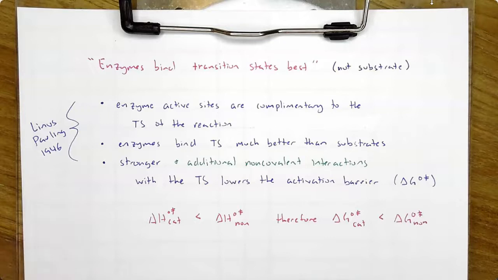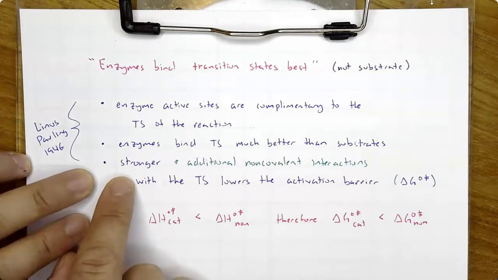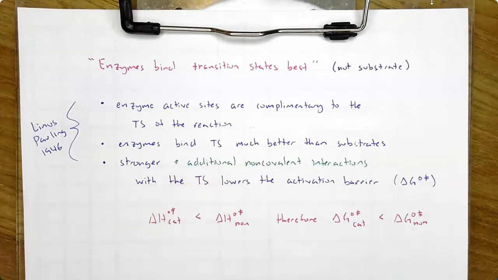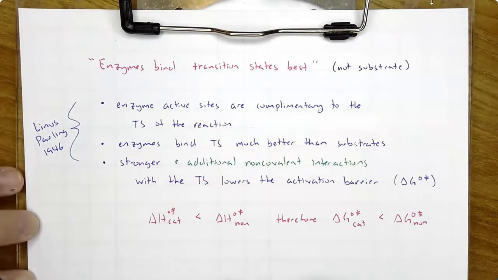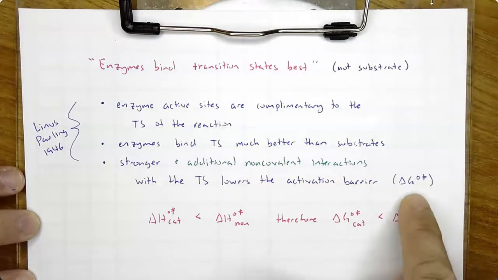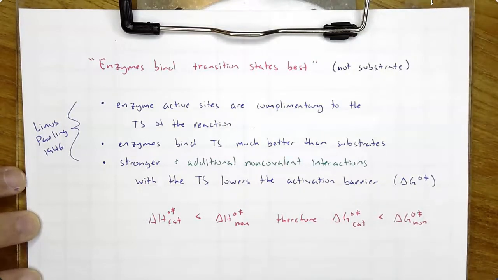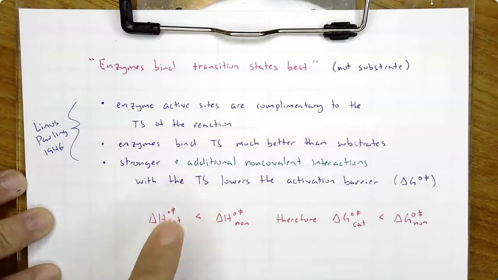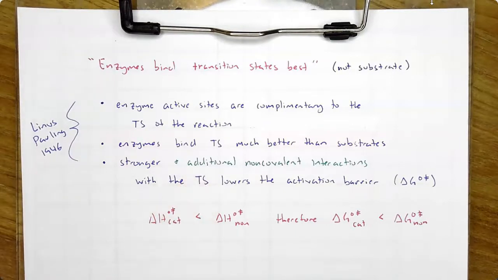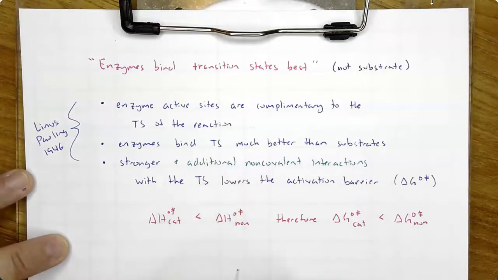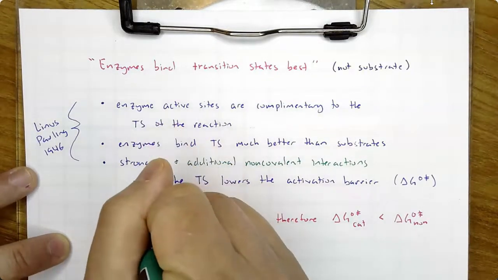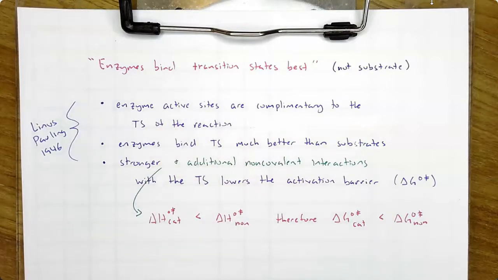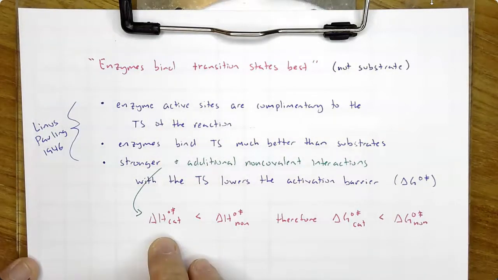Because in the transition state, we will find stronger and additional non-covalent interactions with that transition state, which lowers the activation barrier, which is the delta G double dagger. So this idea that once the substrate gets into its transition state, we get even stronger and more non-covalent interactions, that makes the delta H of the catalyzed reaction much more negative than the non-catalyzed.